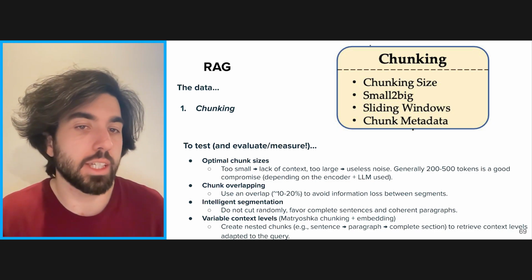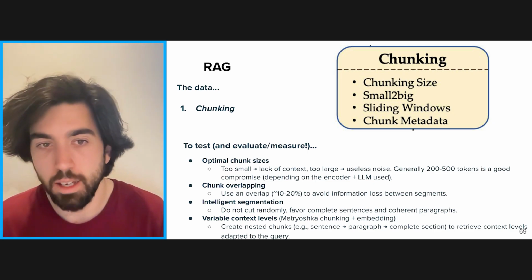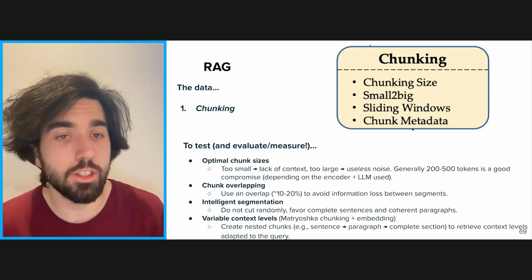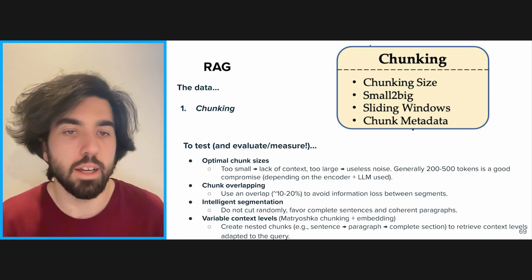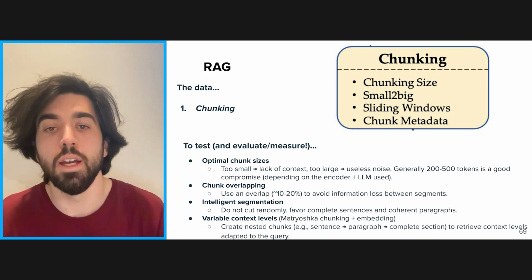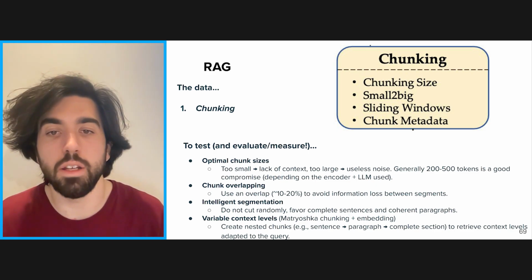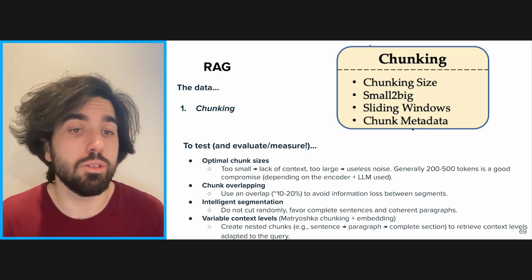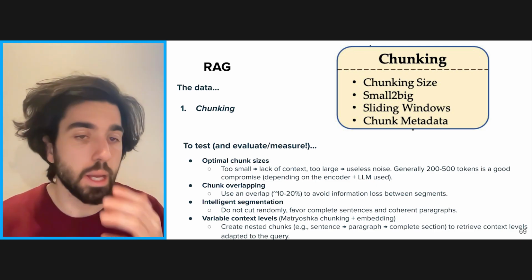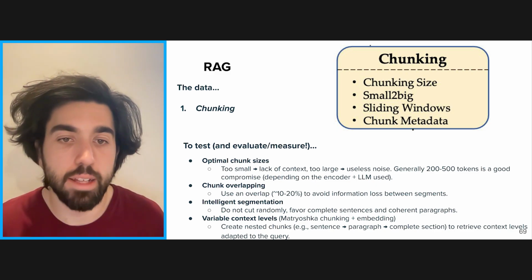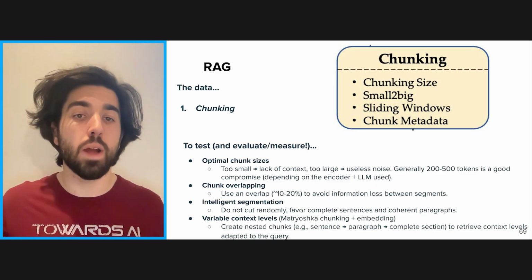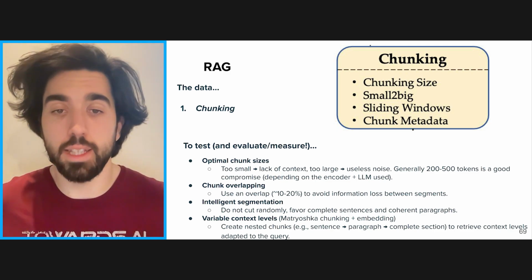At the chunking level, you would create nested chunks, like sentence, then paragraphs, then complete section, and do retrieval on the context levels adapted to the query, finding the most similar information, which would ideally find the right level of information it needs.